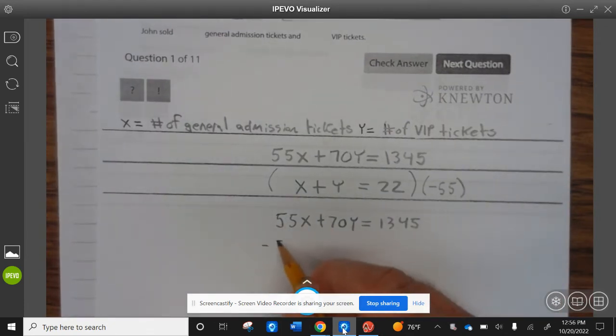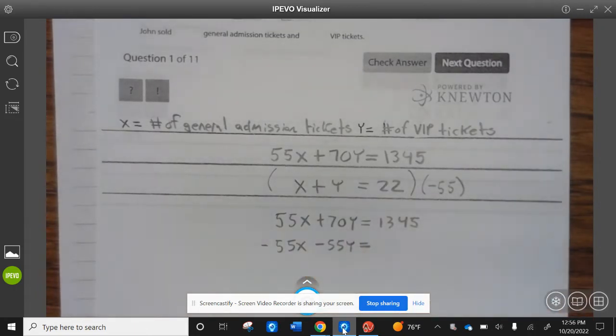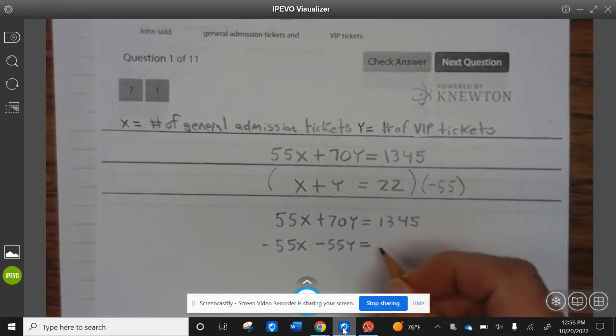So that's negative 55X minus 55Y equals, negative 55 times 22 is negative 1210.